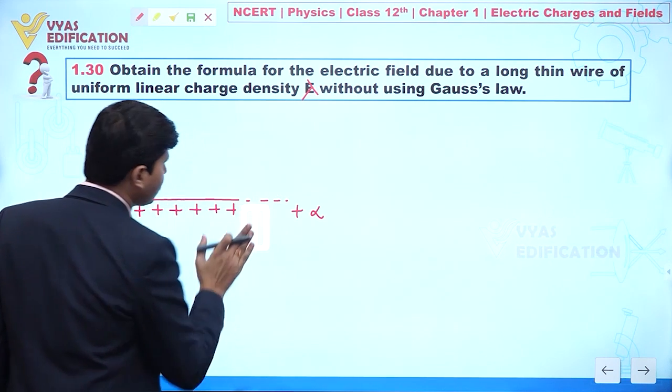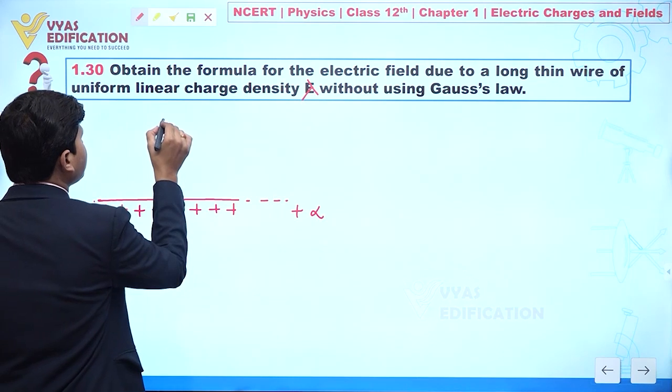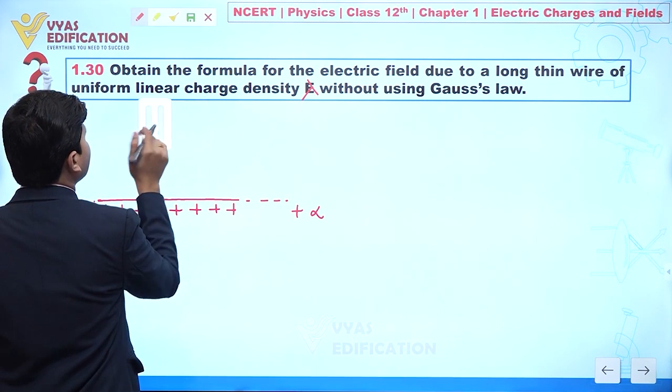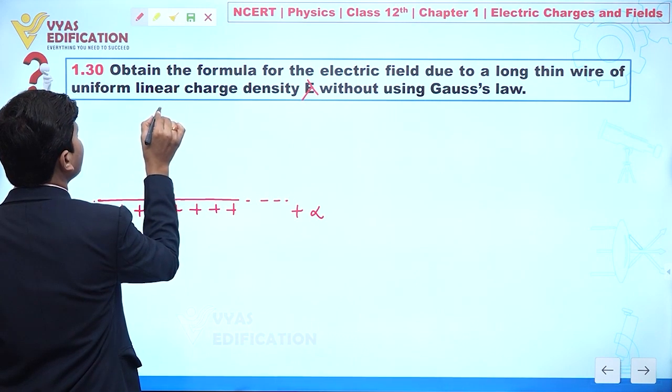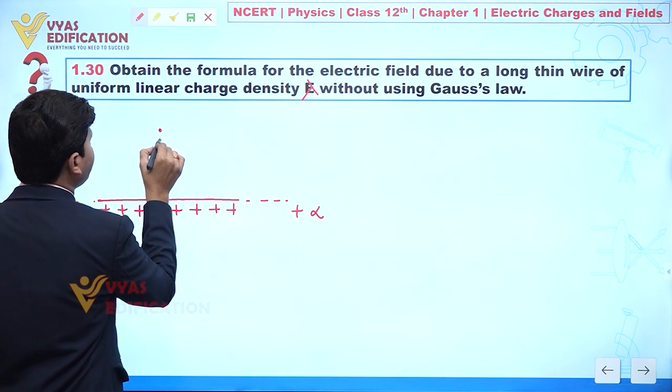Now let's suppose we are taking one point, this is point P, where we want to find the value of the electric field.